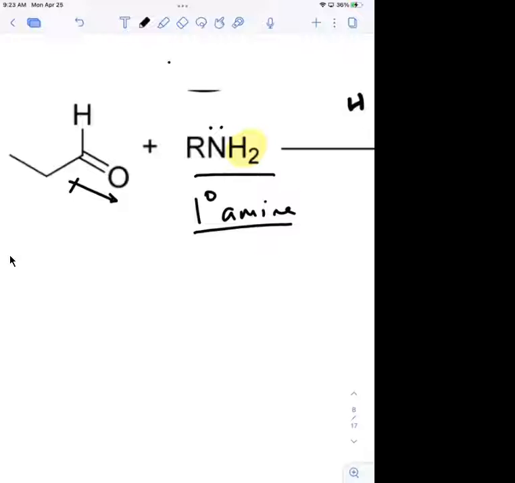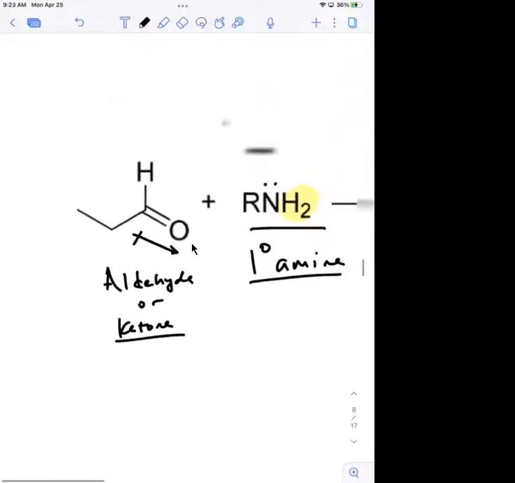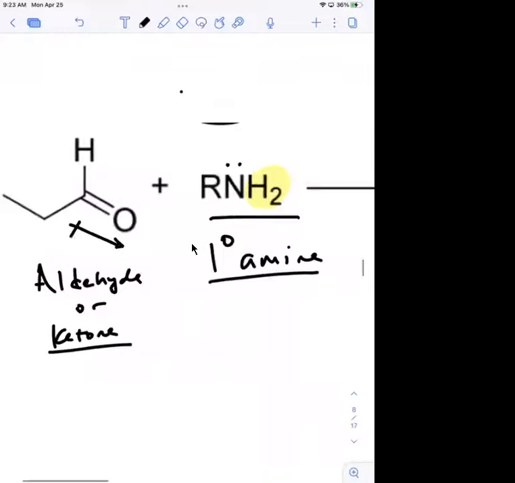So with this reaction, you need a primary amine, and this can be an aldehyde or ketone, but in this case we're going to use an aldehyde. It doesn't matter. That carbonyl dipole is always going to be towards oxygen, so the carbonyl carbon is susceptible to attack by a nucleophile.